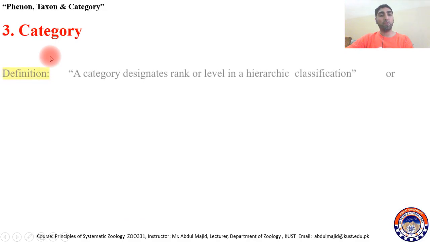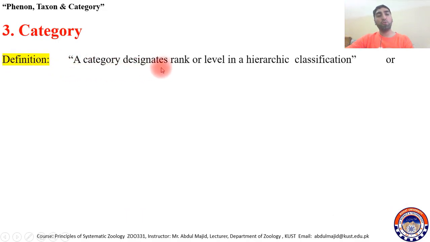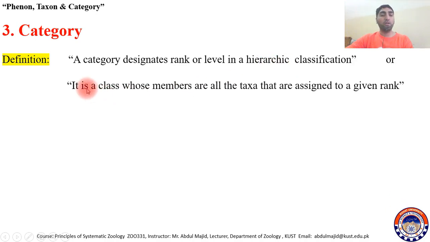Then category. So what is a category? A category actually designates a rank or level in hierarchy classification, or it is a class whose members are all taxa that are assigned to a given rank. Meaning all members in this category are taxa which have been given a certain rank.